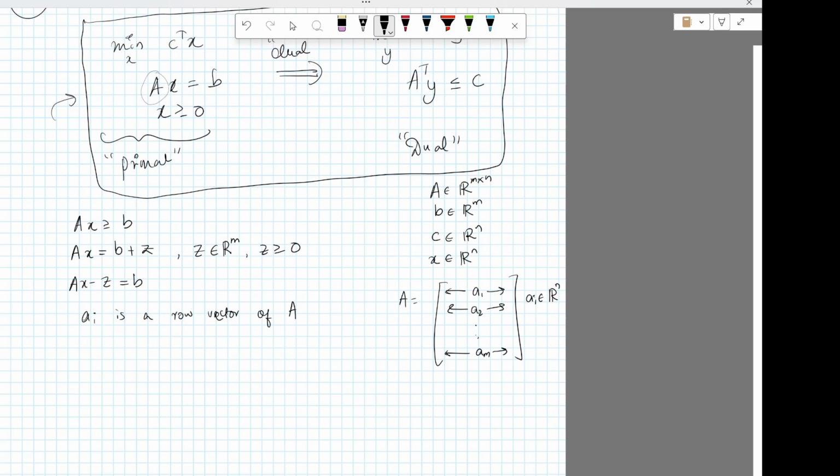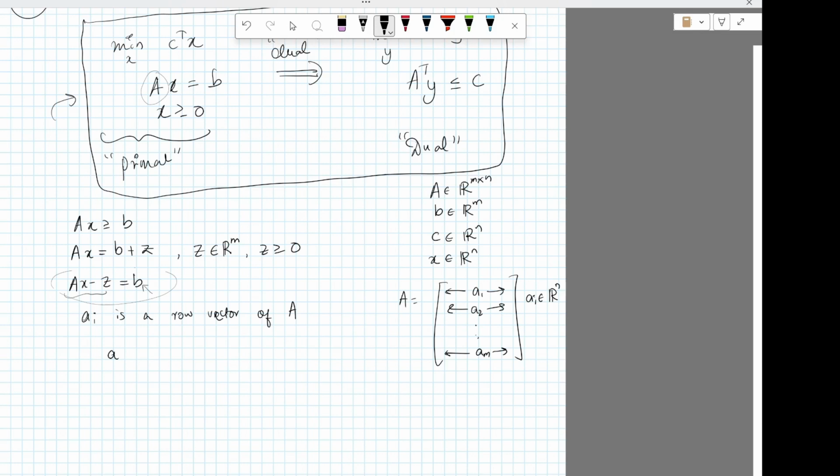So this part I can write it as, if you look at one element, this is a vector, and this is also a vector. So you look at one element of that vector.